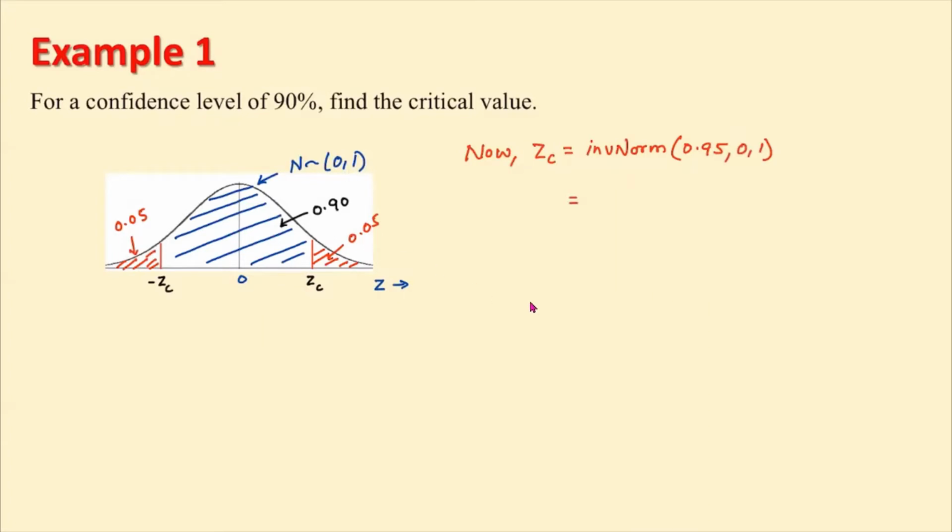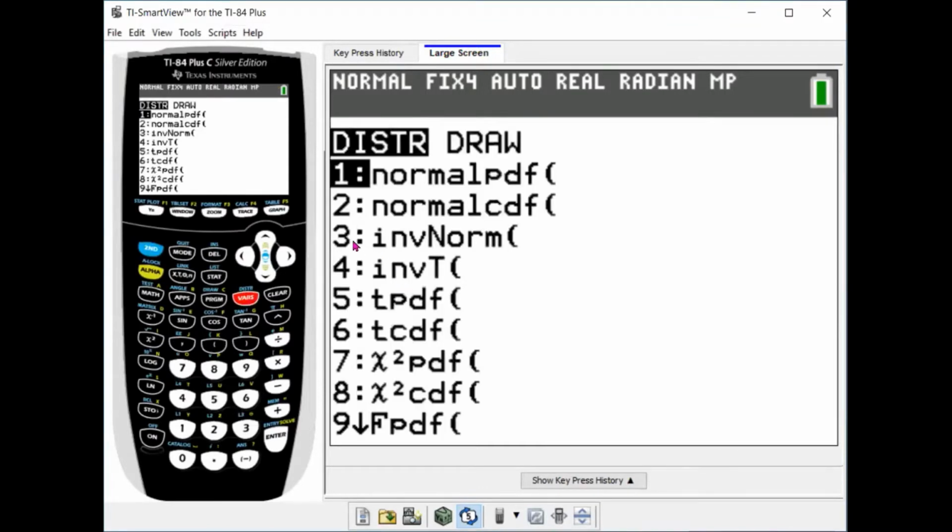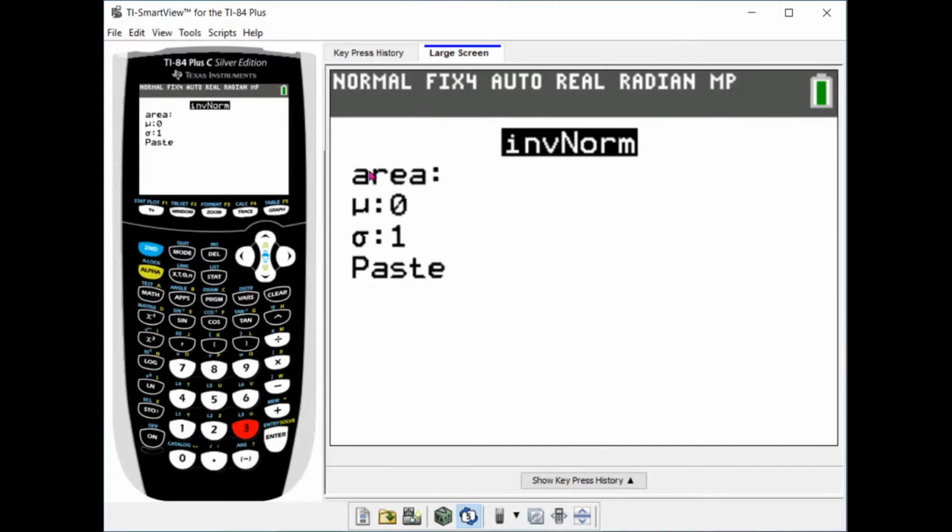So we are going to type this in our TI-84 calculator to get that value. In the TI-84 calculator, we go to second, then vars, and for inverse normal, it's number 3. Once you go there, it's asking for the area. Here we put the area to the left of that z critical, which was 0.95, the 95% area.